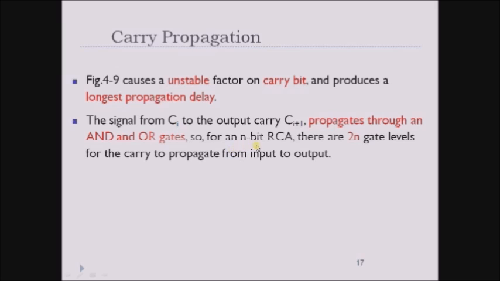So for an n-bit RCA, there are 2n gate levels for the carry to propagate from input to output. So a long propagation delay is generated with the help of this ripple carry adder, and this is the drawback associated with the RCA.